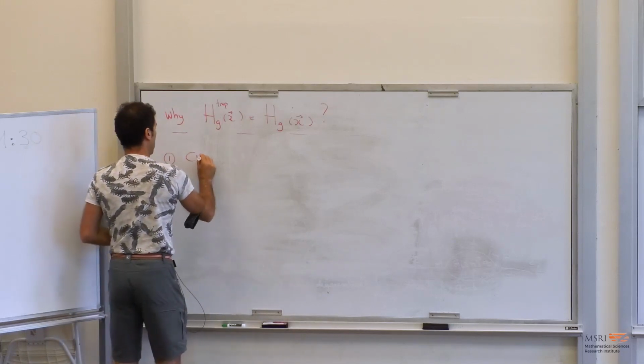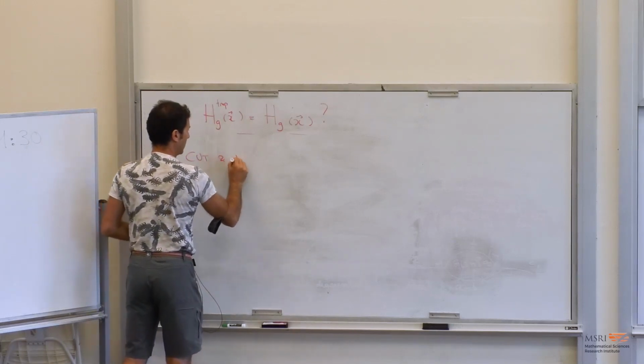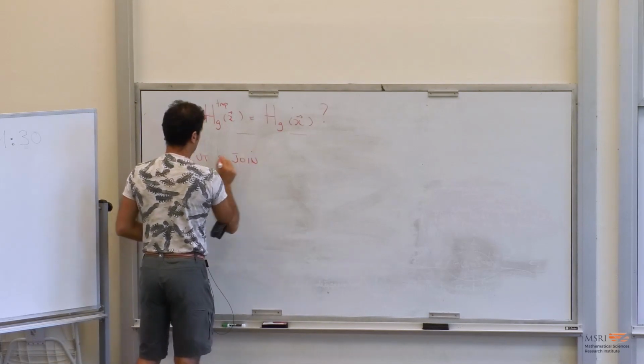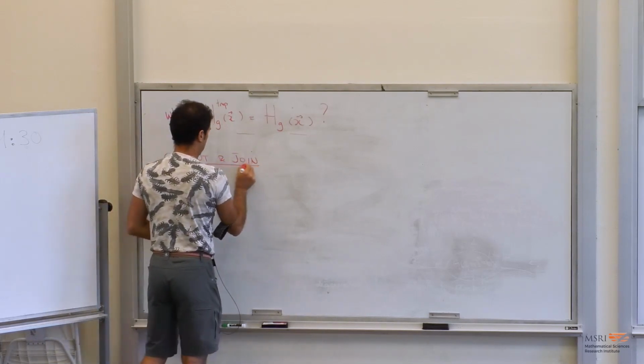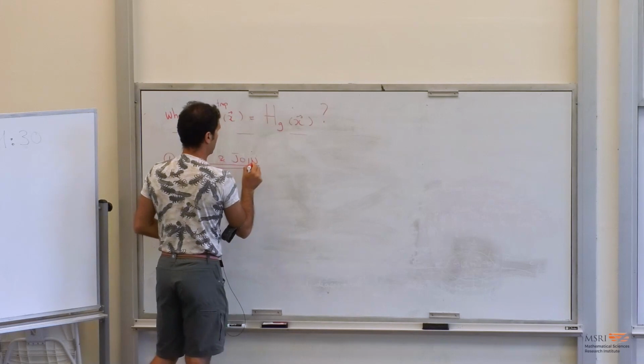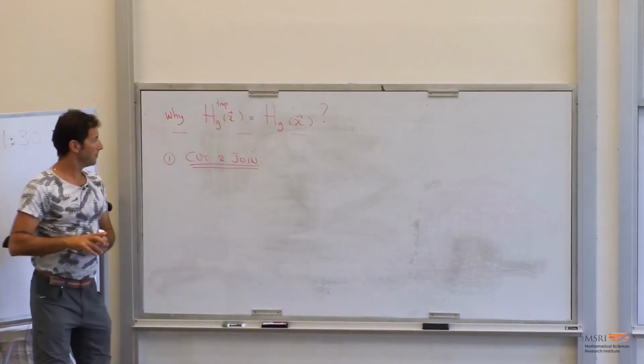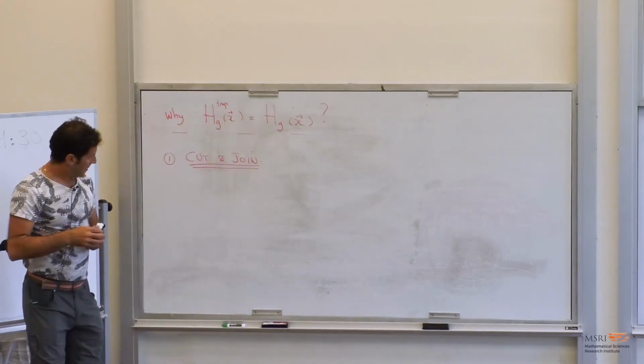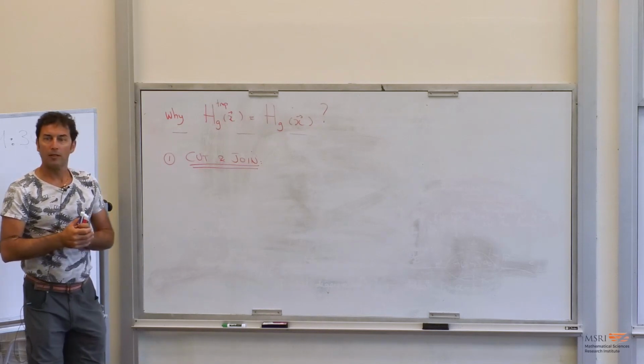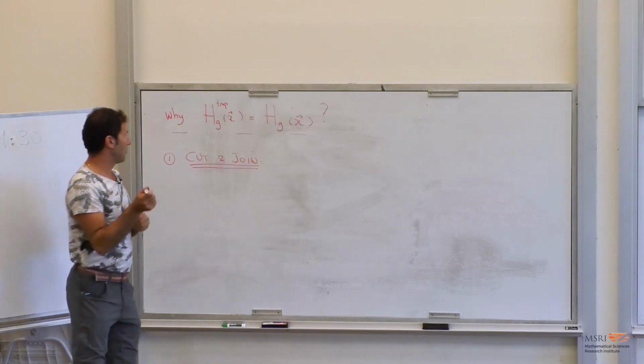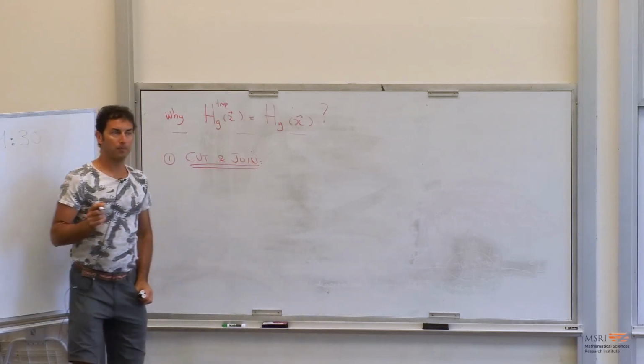Okay, so the first perspective is through cut and join. Cut and join is a statement about the symmetric group.